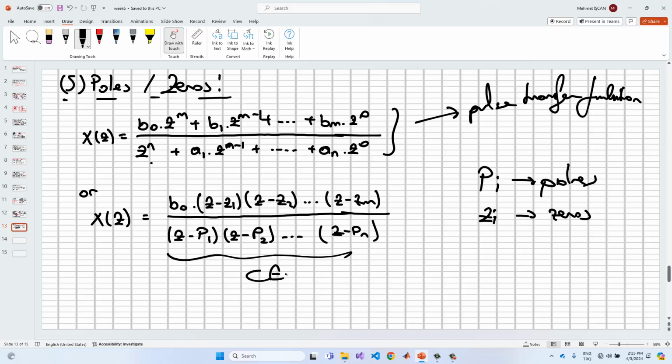Okay, and zeros always affect the output results, especially the transient results, but they do not affect the main characteristics of this system. Okay, and so we can analyze the discrete function based on this information. Okay, any question? Okay.